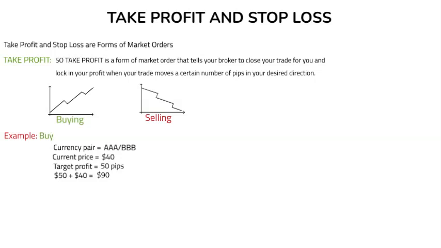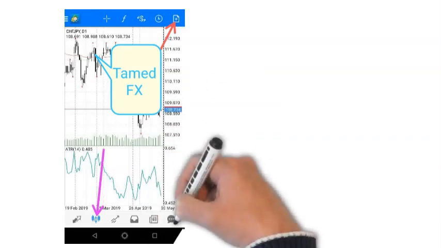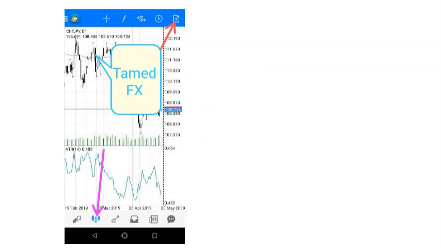Now I want you to pause this video and open your MT4 to see where to set your take profit, so that we can also see a practical example using real currency pairs. First step is to click the button pointed by the purple arrow, which will take you to a chart.